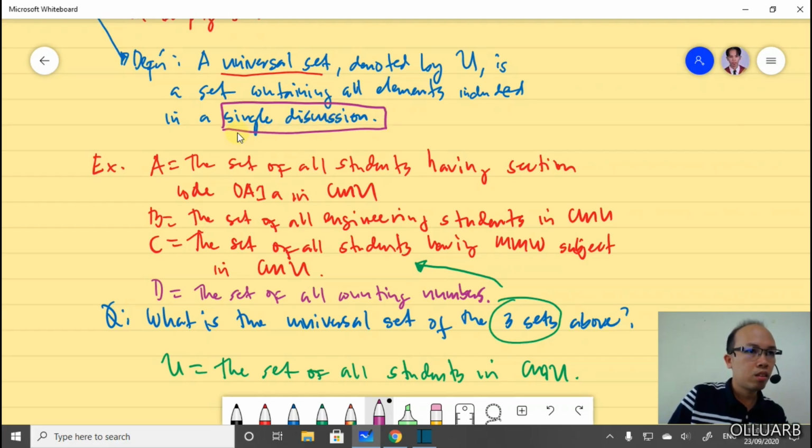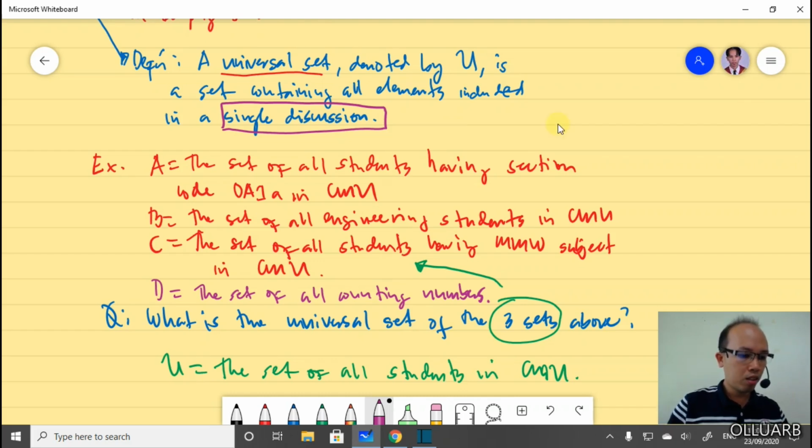So this is what we call an instance where we say that these sets are in a single discussion. If we have a 1 here, we know that this is a counting number. We know that 1 is not a student. 3 is not a student in CMU, or 5 is not a student. Probably there will be a student whose name is 3, but it's very unlikely that there will be a student whose name is 1, 2, 3, 4, and so on and so forth. So that's what we mean by a universal set.